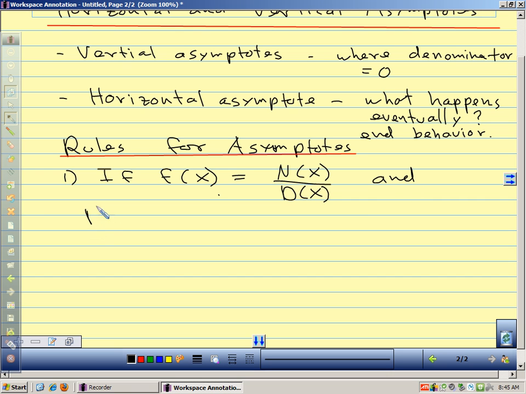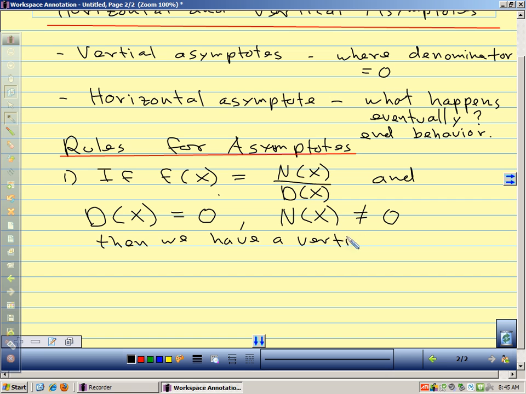If d of x equals 0, and n of x is not equal to 0, then we have a vertical asymptote at that x value.